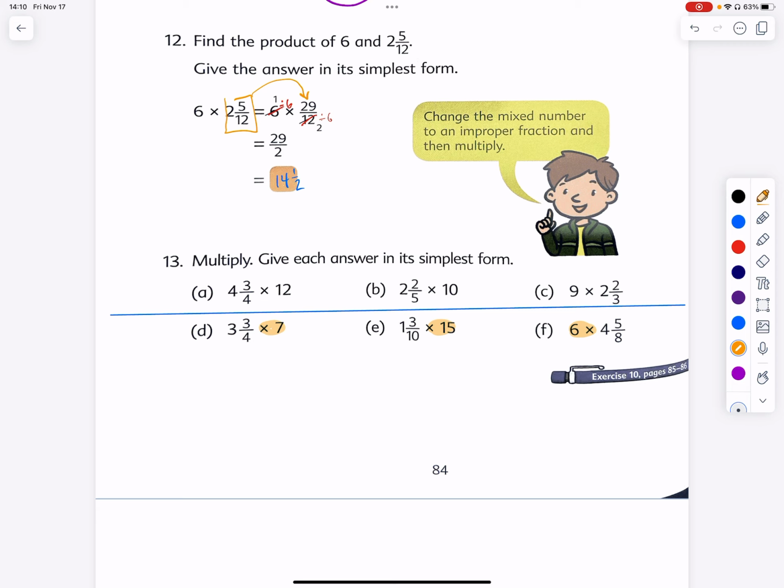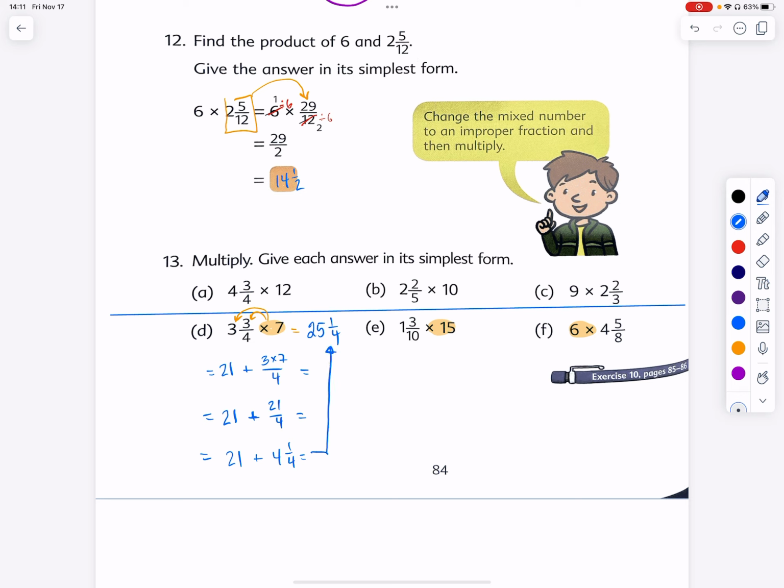So let's use the distributive property. 7 times 3 and 7 times 3/4. So which will give us, I'm just going to write it down like that. 7 times 3 gives you 21, and 3 times 7/4, which simplifies into 21/4, right? 3 times 7 is 21, and that simplifies into 21 plus 4 and a quarter, resulting in 25 and 1/4.